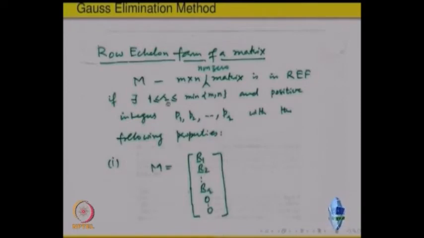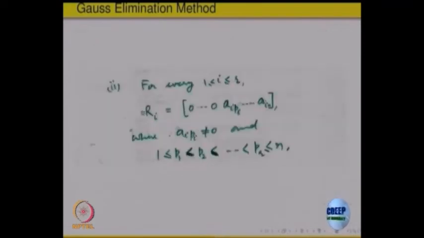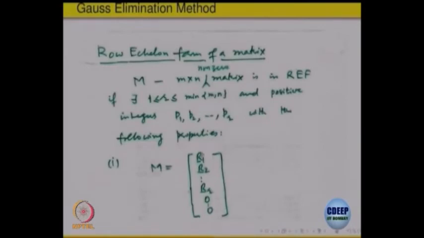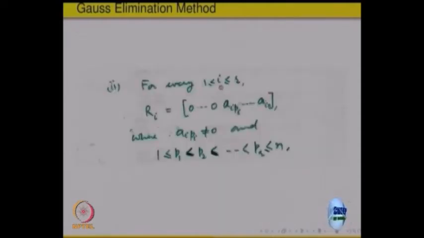Okay. So, what is the next one? Now, these are non-zero rows, right. So, I am going to describe these non-zero rows now. So, pick up any one of them. Call it Ri, i is between 1 and r, this is a non-zero row. How does it look like? It looks like 0 0 0 0. The first non-zero entry should be a_i,p_i. That p_i is less than or equal to the number of columns.